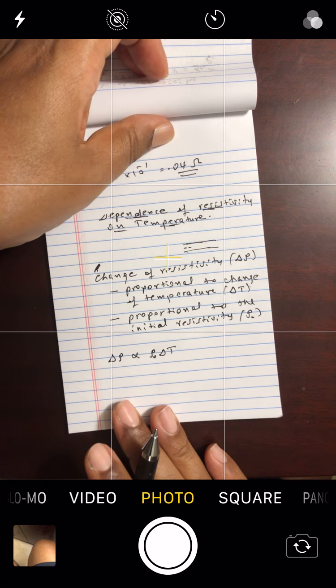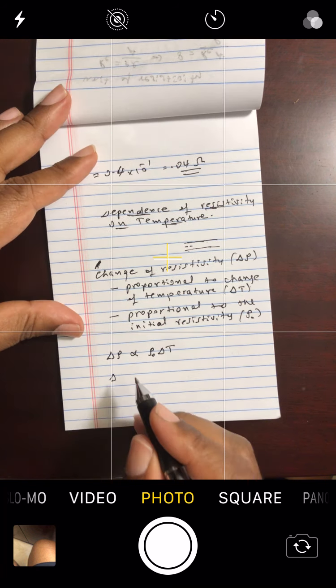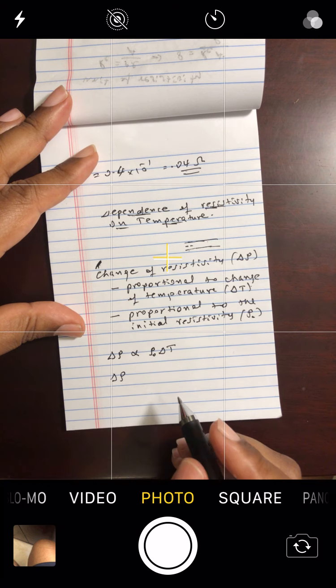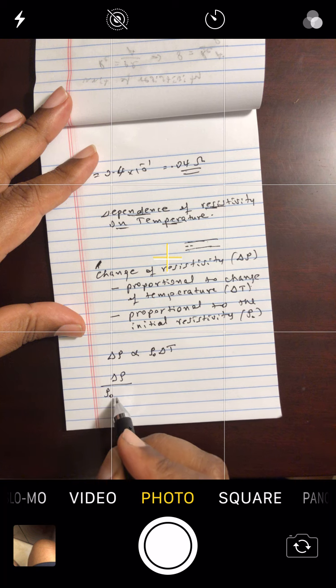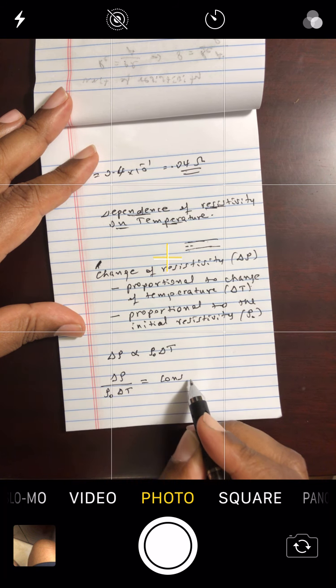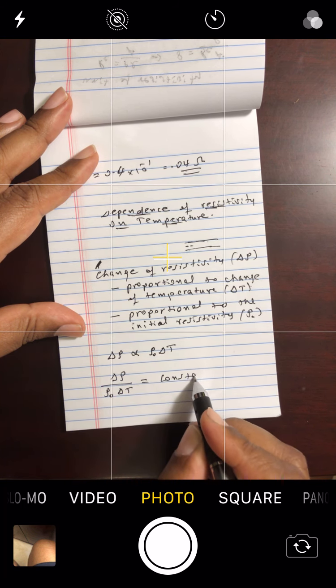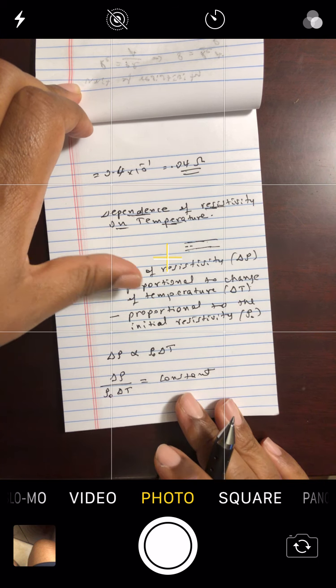So this means the change in resistivity divided by this product over here should be a constant. Once again, this constant is a material constant, which means it's a constant for a given material but different for different materials.